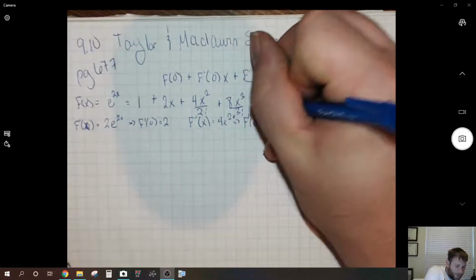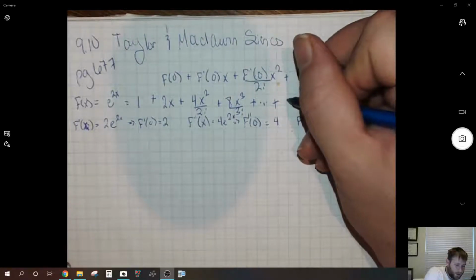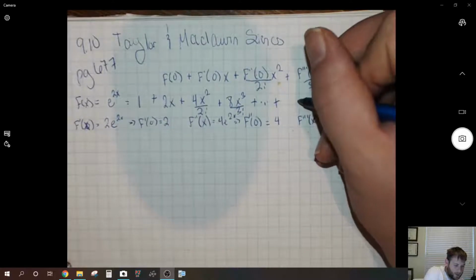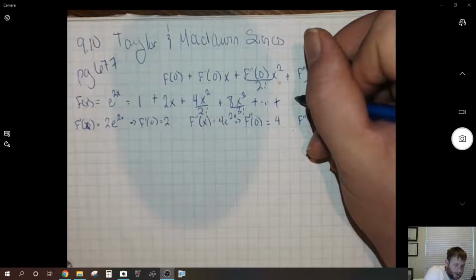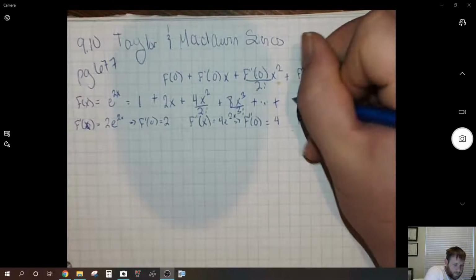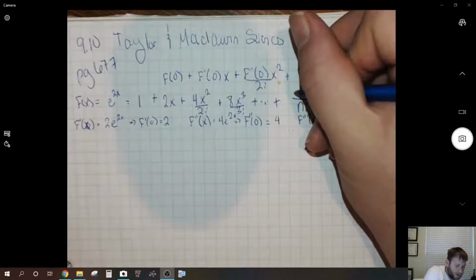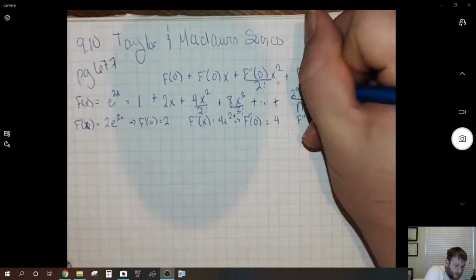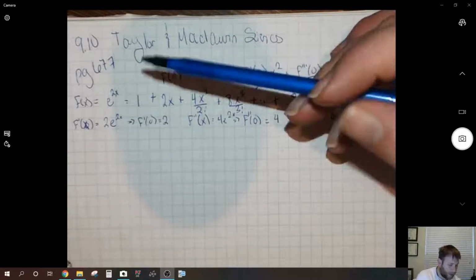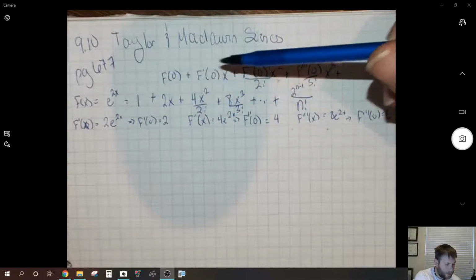So what my pattern is, let's see here, n factorial in the denominator. We know this number is being doubled every single time, and my first term is at 0.